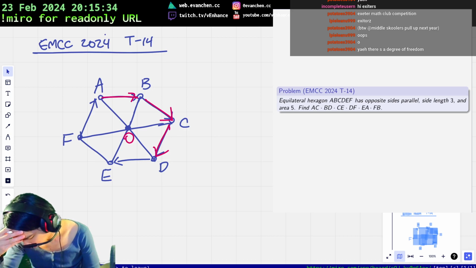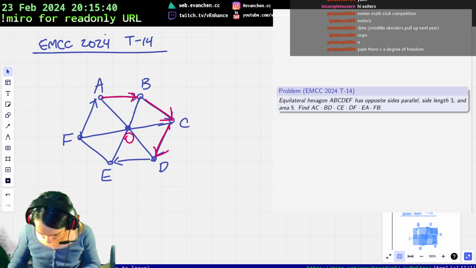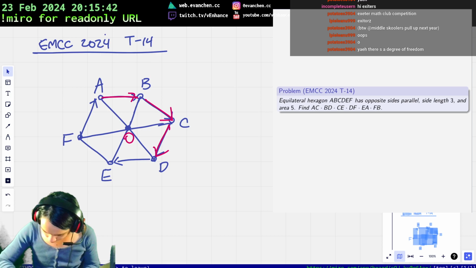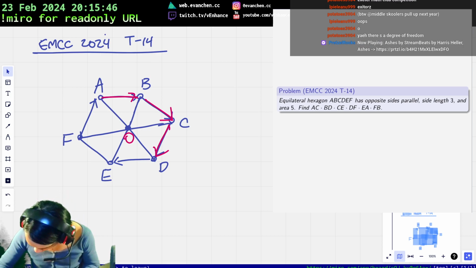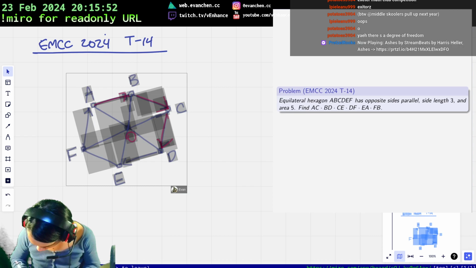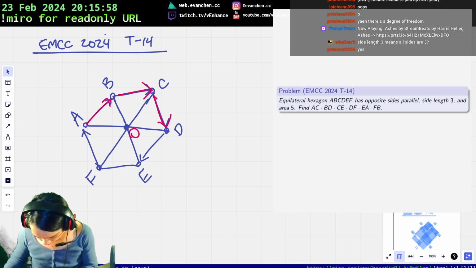Okay. So maybe it's better if I rotate this picture, which I don't know if I'll be able to do. Let's see how good my technology use is. Is there a rotate tool? Oh my god, there's really a rotate. Okay, sounds good. Nice.